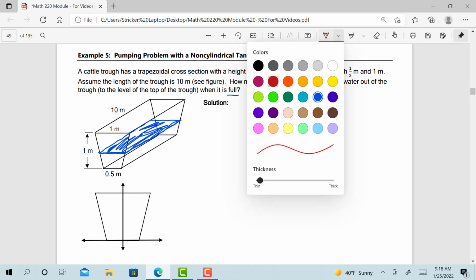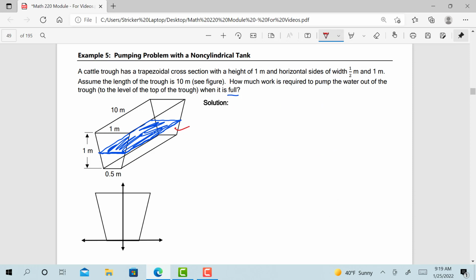So this is a thin layer of water. And in order to think about how much work is required to pump that thin layer of water, the most important thing is we need to know what the volume of that thin layer of water is.